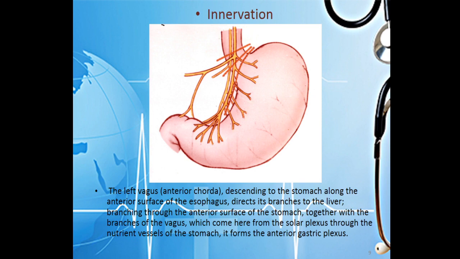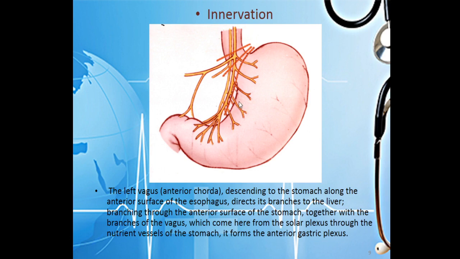Innervation. The main nerve that innervates the stomach is the vagus nerve. The vagus nerve goes longitudinally along the esophagus. There are two vagus nerves, anterior and posterior, so left and right. The name of the vagus nerve between the cardia and pylorus part is the Latarjet nerve.